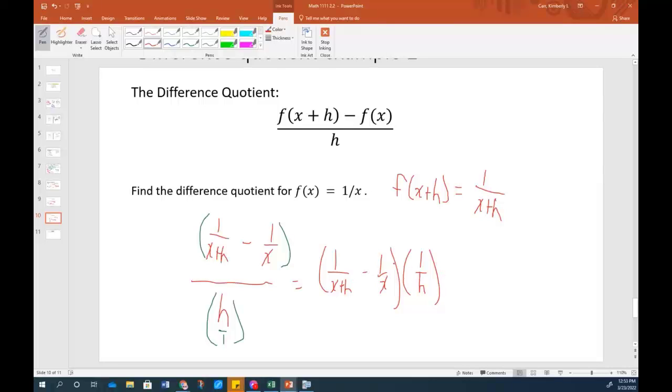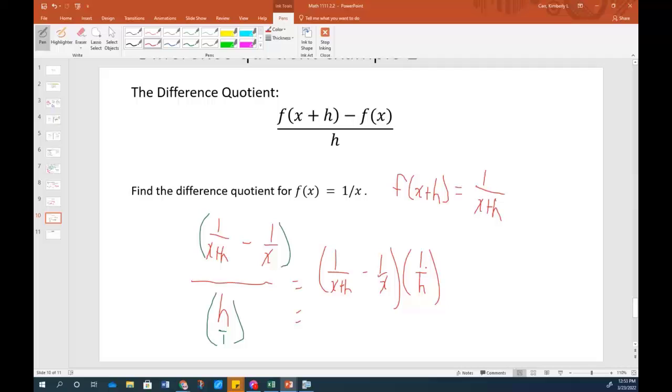Okay, so in order to go further with this stuff, I really need to work on getting common denominators and what have you. Okay, I've got to see what I can simplify here. So I can distribute first if I want to. Let me go ahead and distribute.